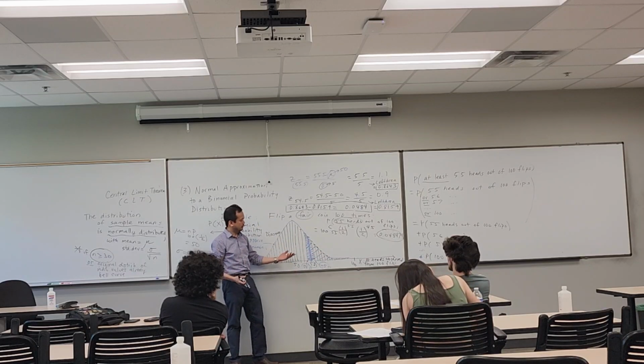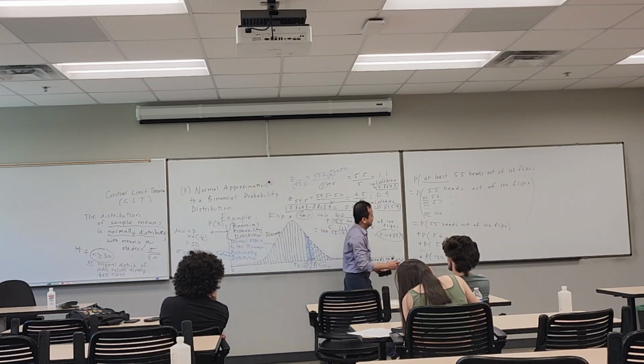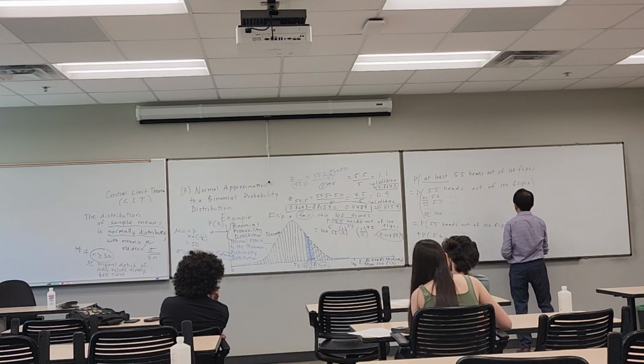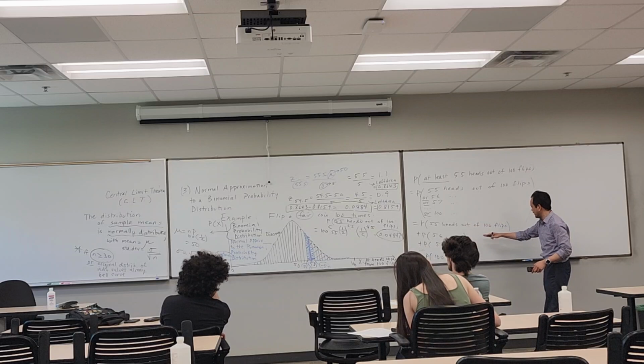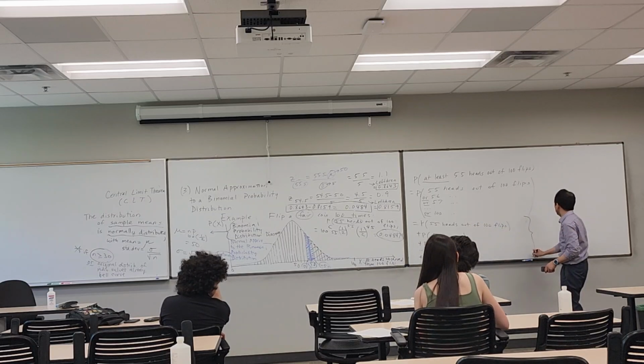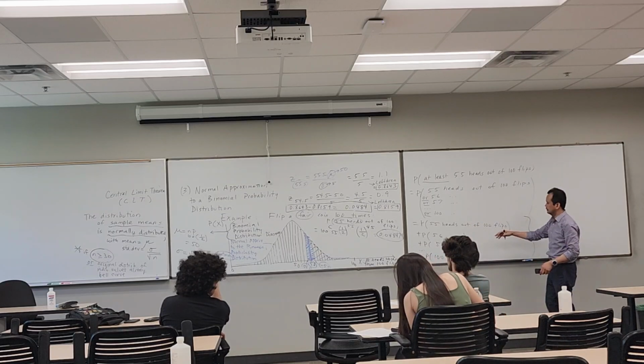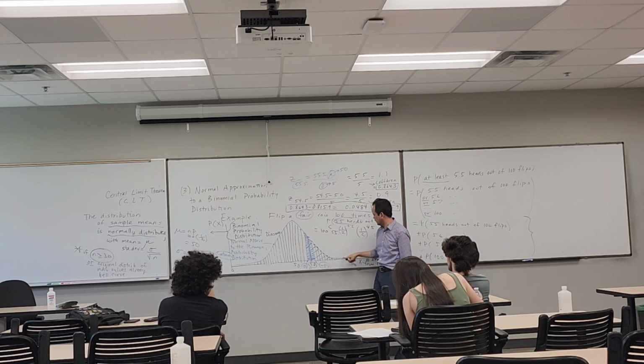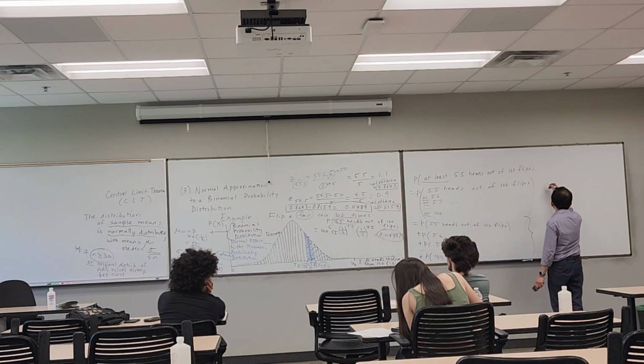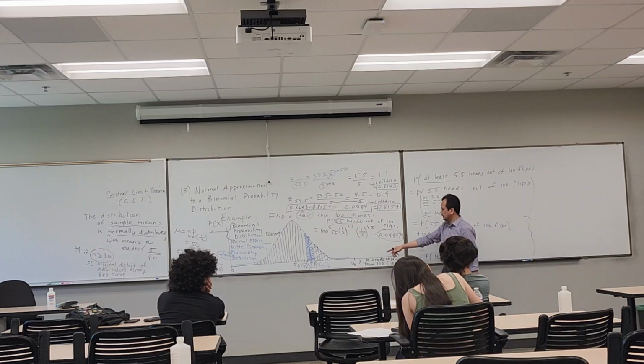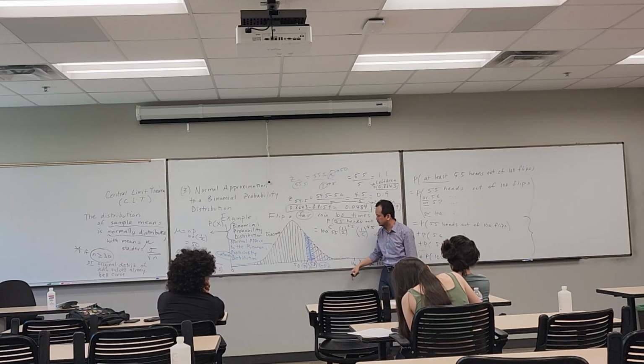So let's do that. Now we're going to approximate this answer with a very good approximation by finding this area here for this bell curve. And this region that we're trying to find the area for, where's the edge of that?